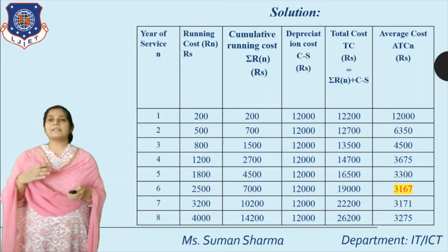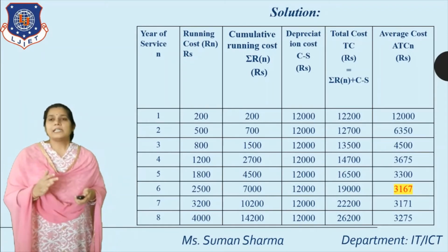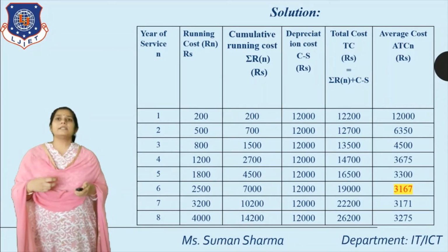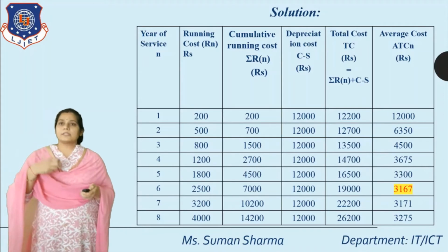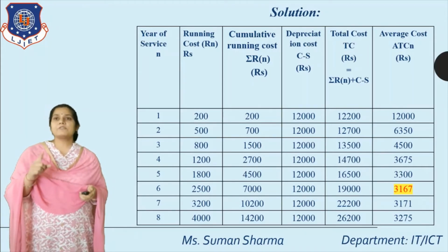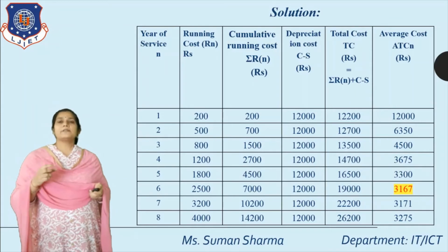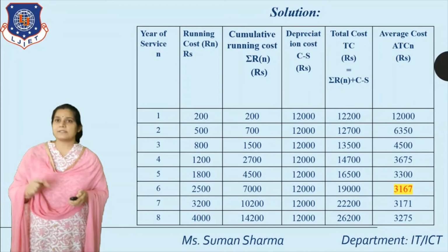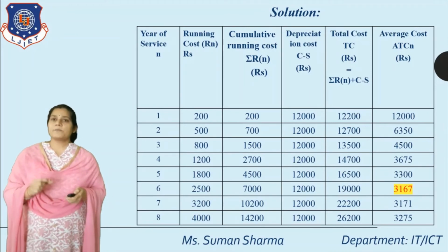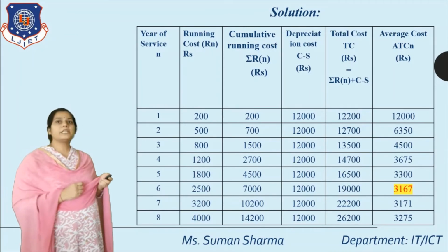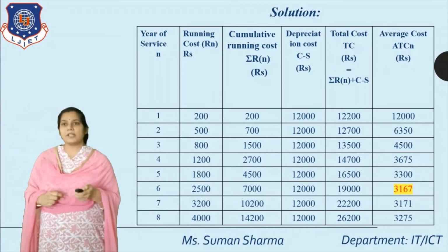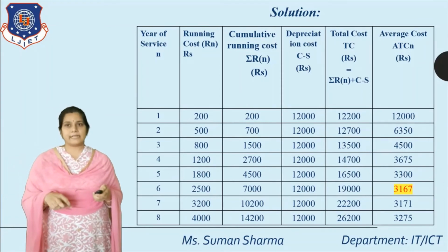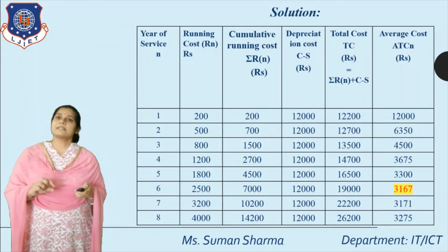So first we make the table. This table is very important. Always keep model 1 in mind: if we are given the running cost, capital and scrap value, then we use this type of model. The table has the year of service N, running cost Rn in rupees, cumulative running cost summation Rn in rupees, depreciation cost C minus S, that is cost price minus scrap value.